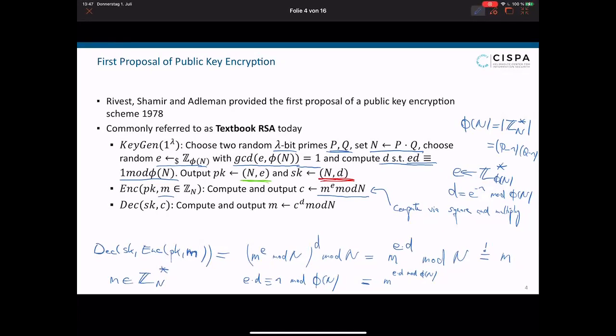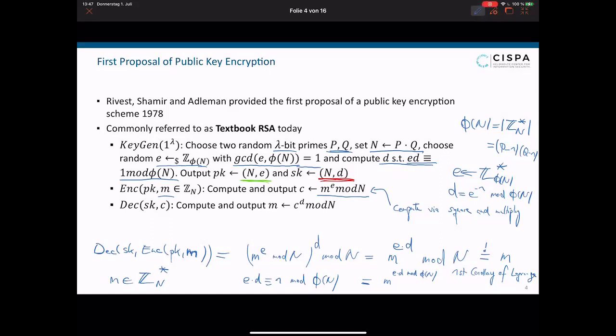Then we do this by the first corollary of Lagrange, right? The first corollary of Lagrange said if we do an exponentiation in some group, we can always first reduce it modulo the order of the group.